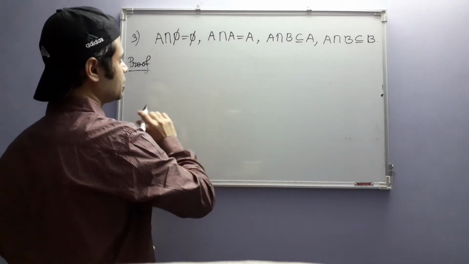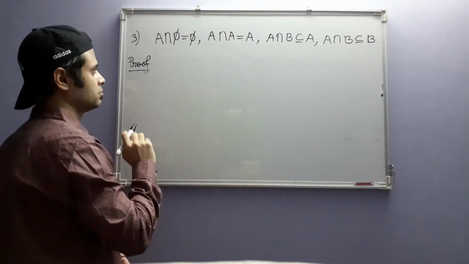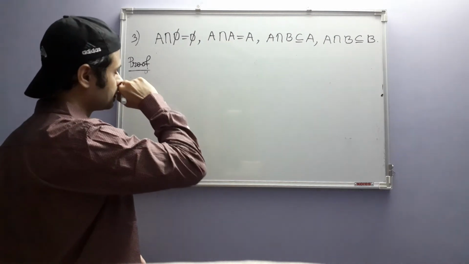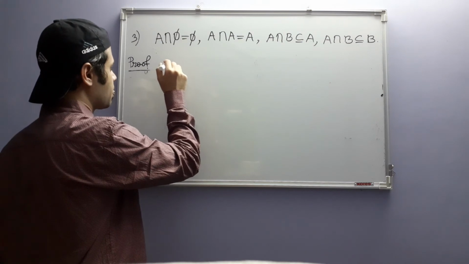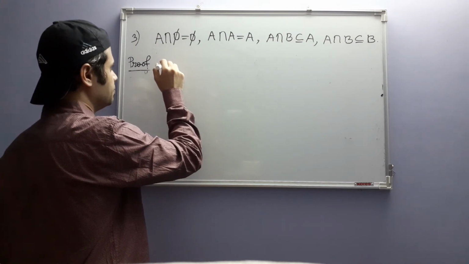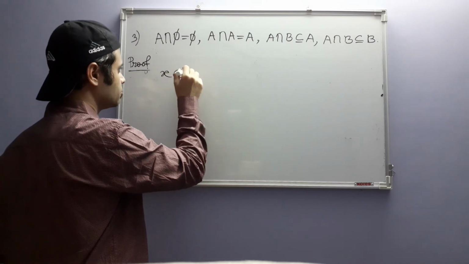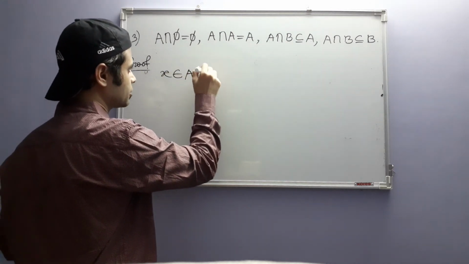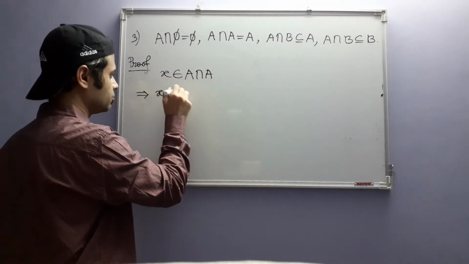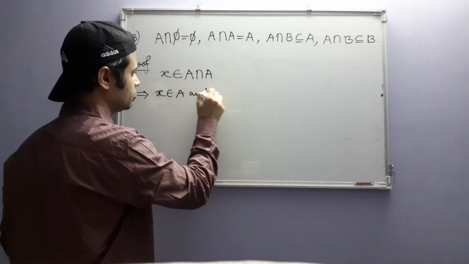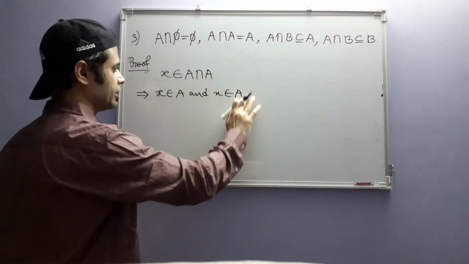This one, however, is similar to the same thing with union, idempotence. So we start as usual. X belongs to A intersection A. This implies X belongs to A and X belongs to A. Oh, I should not write full stop.